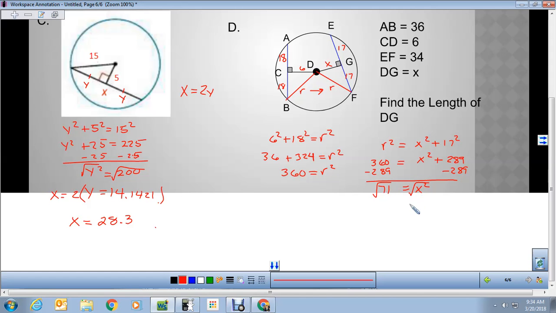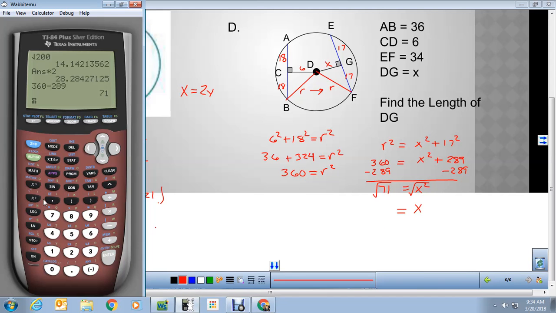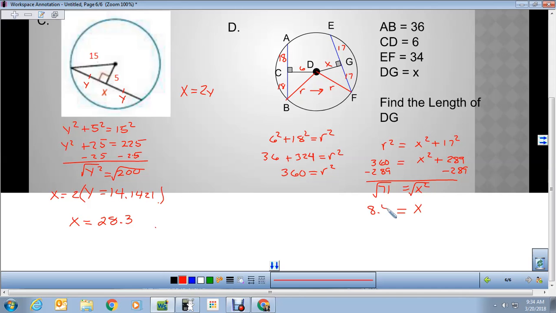Take the square root of both sides. And x is going to be equal to 8.426, so we're going to round it to the nearest tenth, which means our x value is going to be a distance of 8.4.